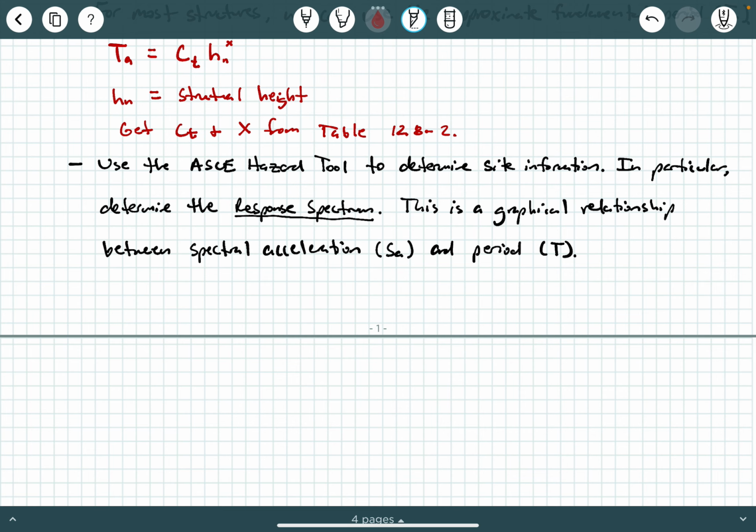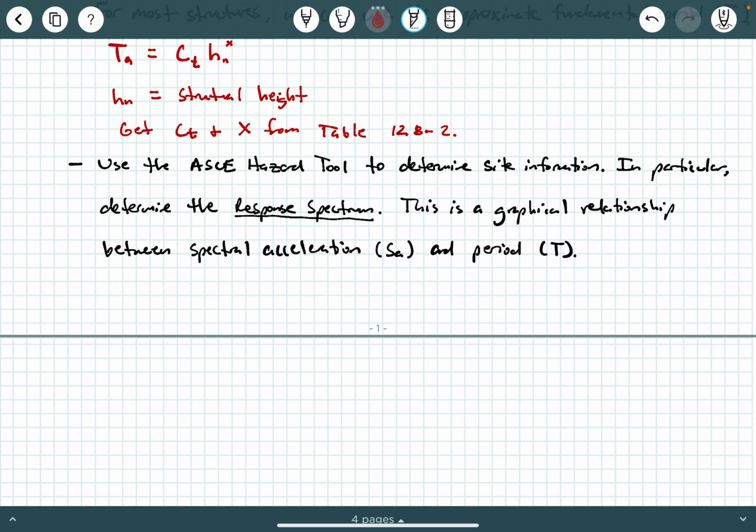In particular, what we want to do is get those site parameters and the response spectrum, okay? Now, when I say site parameters, I'm thinking of these spectral acceleration values and their modified forms. So that's like S1, SS, SMS, SDS, SM1, SD1, okay? And again, we talked about a lot of that in one of our other videos.